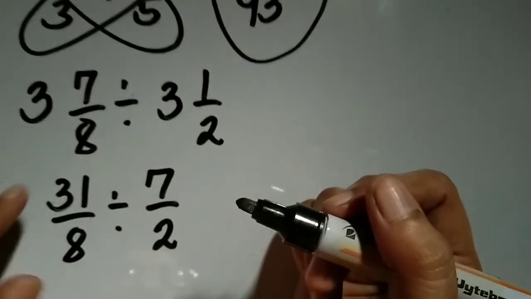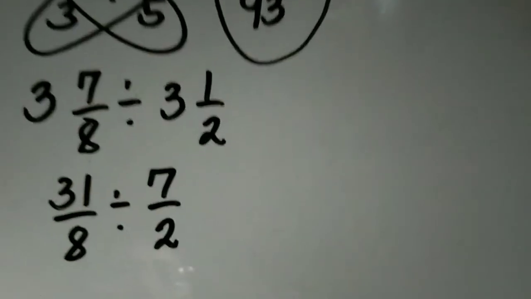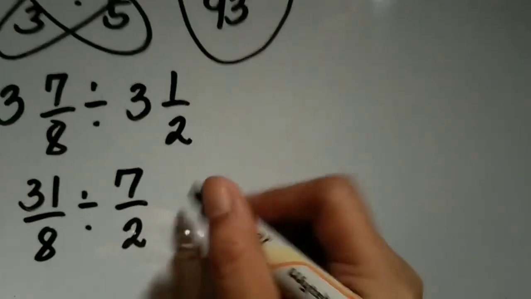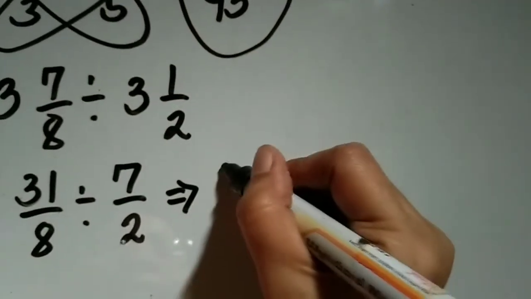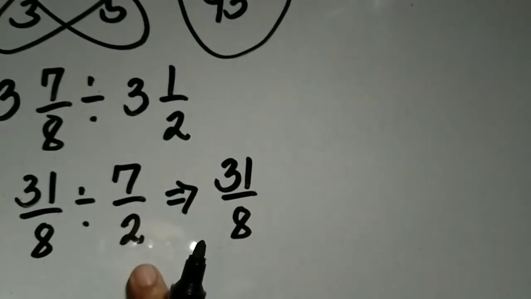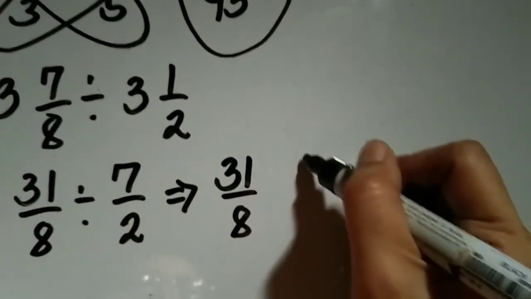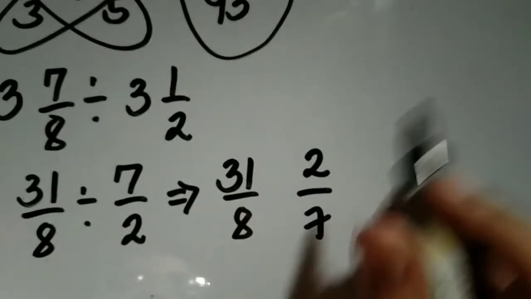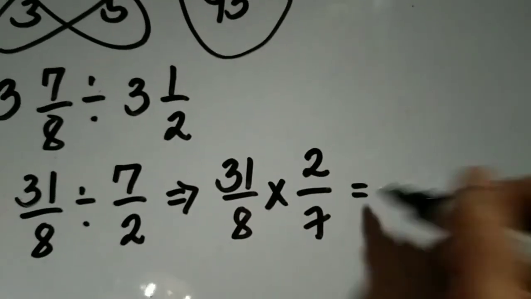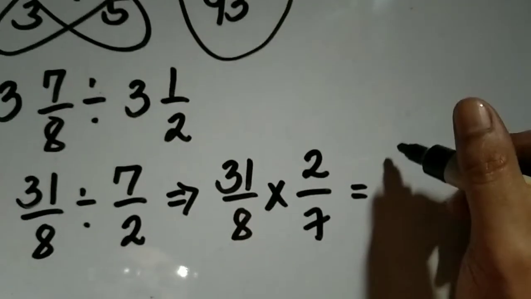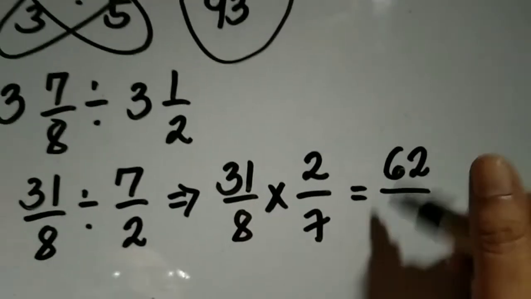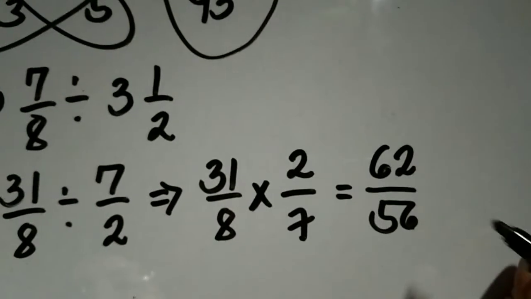Pwede kayo mag-cross multiply or get the reciprocal of the divisor. Mag-reciprocal nga tayo para medyo mahaba-haba. So, 31 over 8. Ang 7 over 2, kukunin natin yung reciprocal niya. So, 2 over 7. And then, proceed tayo sa multiplication. Ayan. So, 31 times 2 is 62 over 8 times 7 is equals to 56.